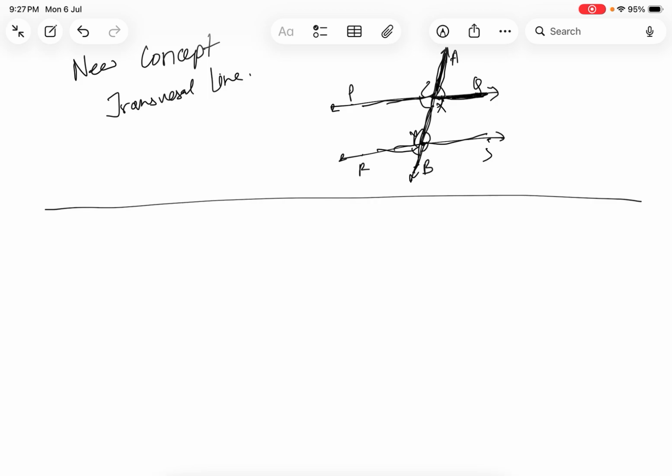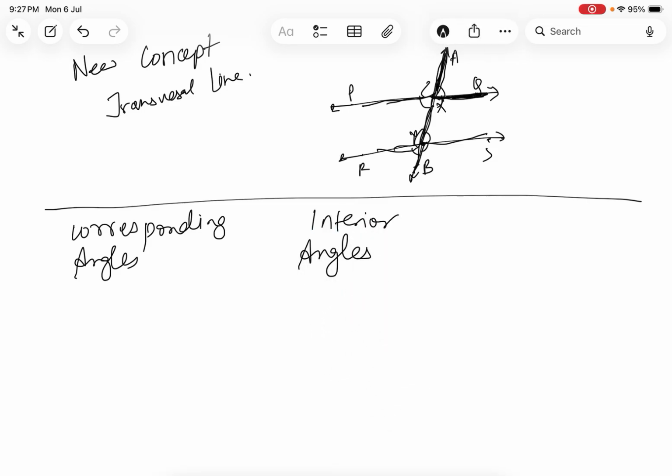Those pairs are of 3 different types. One is the pair of corresponding angles, another is the pair of interior angles, and the final is the pair of alternate angles.